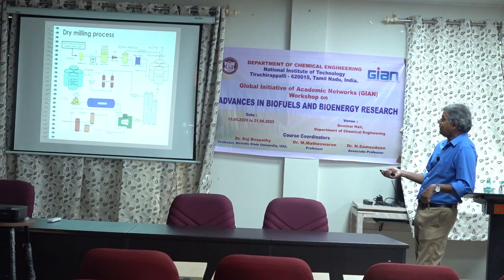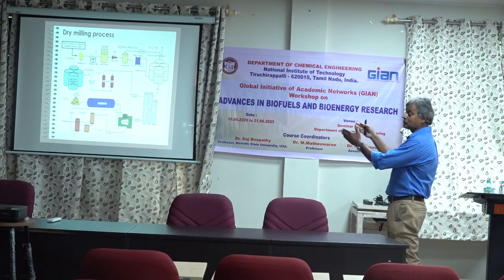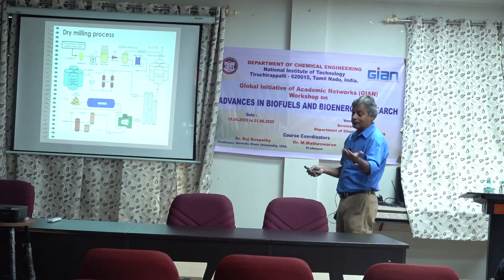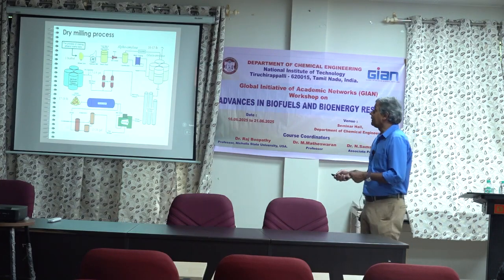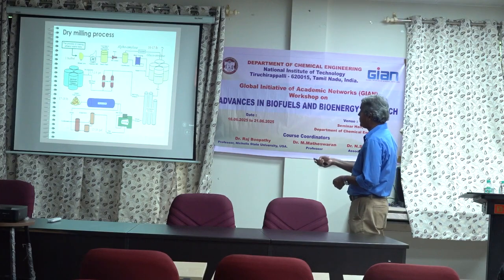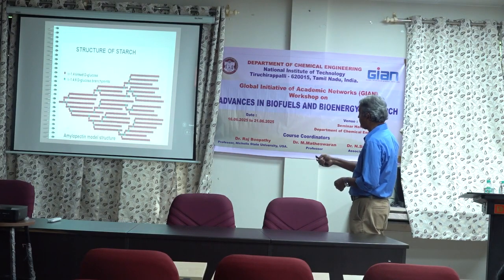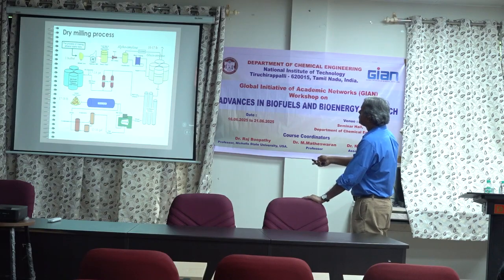So let's look at the dry mill process. In the dry mill process, it looks like this. They only have two products, ethanol and your DDGS. So in the dry mill process, you put 1 bushel of corn into this process. Same process, the slurry tank.